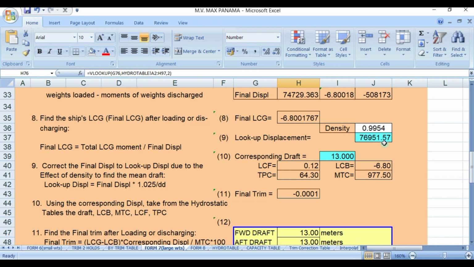So the value of this displacement will be 13 meters, and you will put here the value of this.